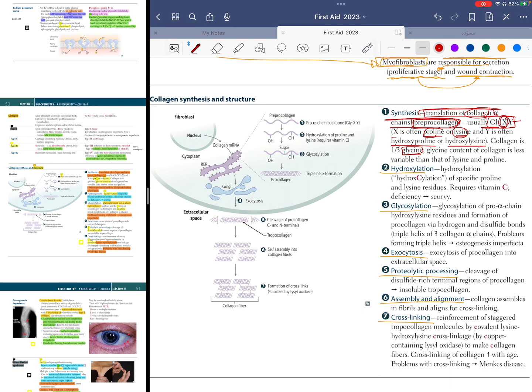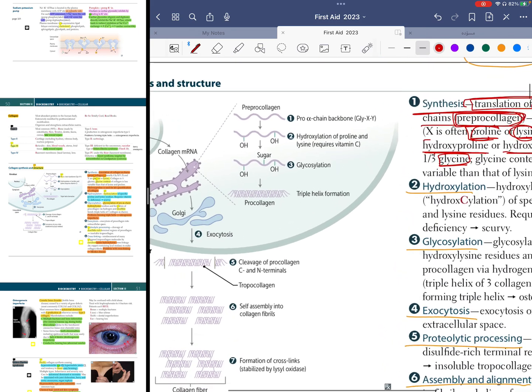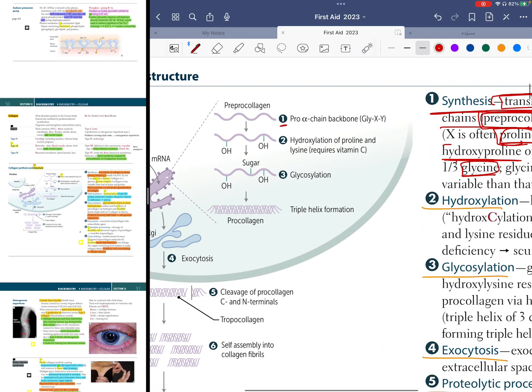But the X is either proline or lysine, and the Y is hydroxyproline or hydroxylysine. So basically, we have a lot of options, and that's why they're considered more variable. And that's step 1, the pro-alpha chain backbone.